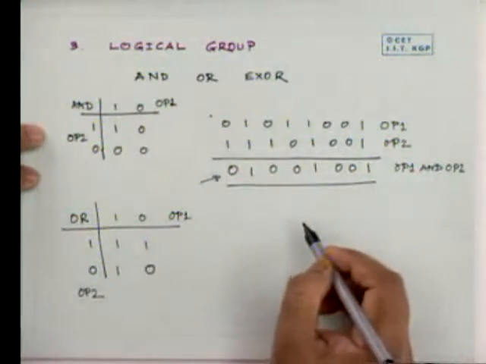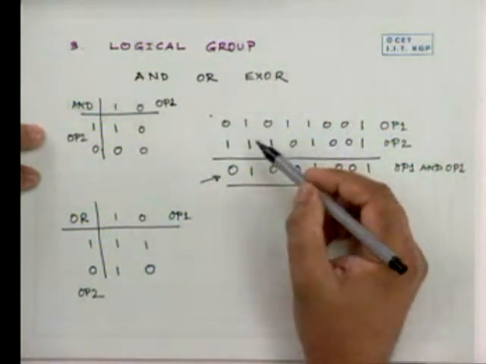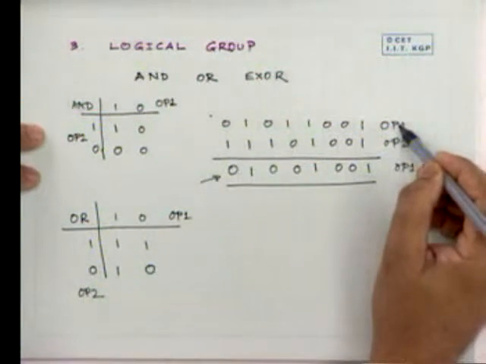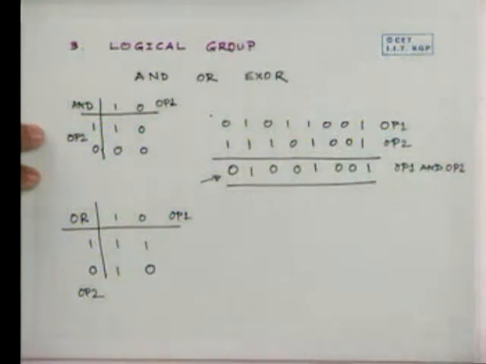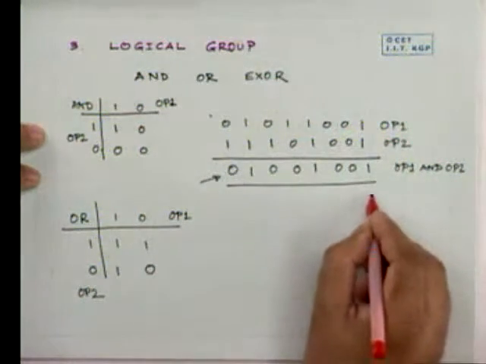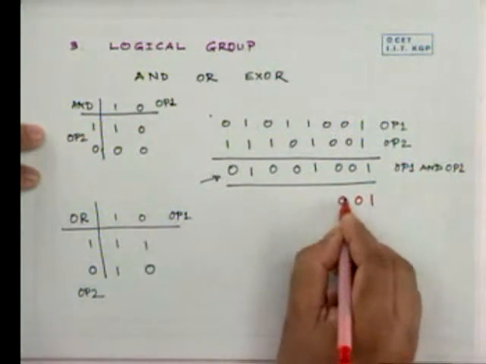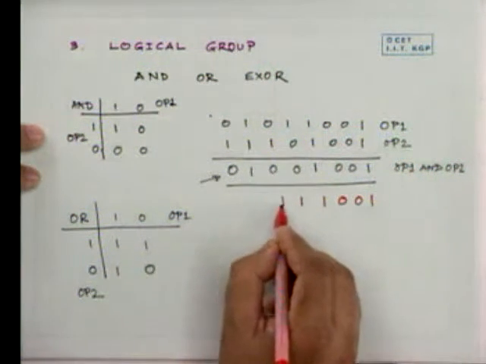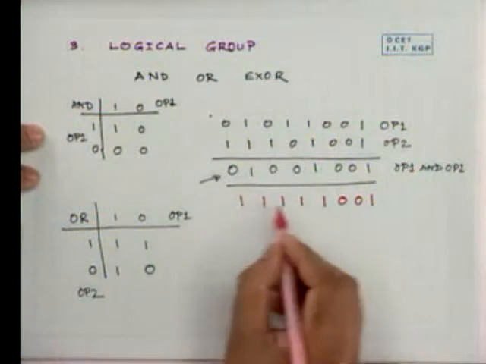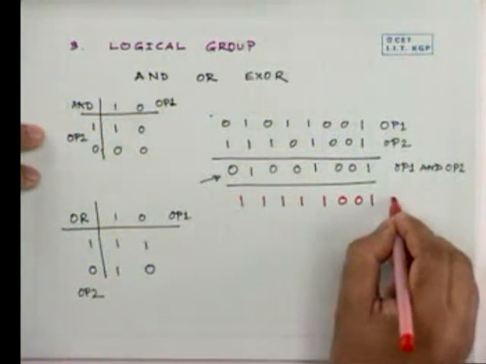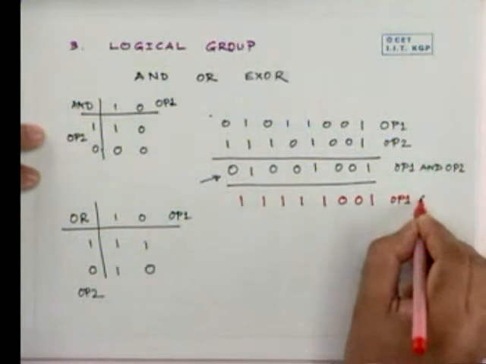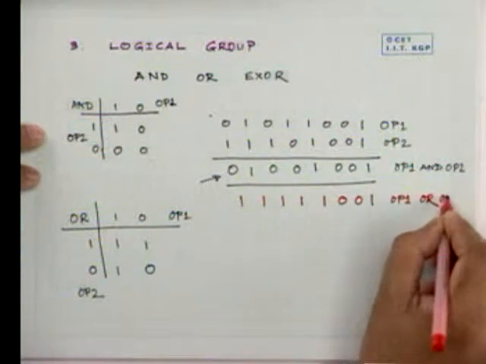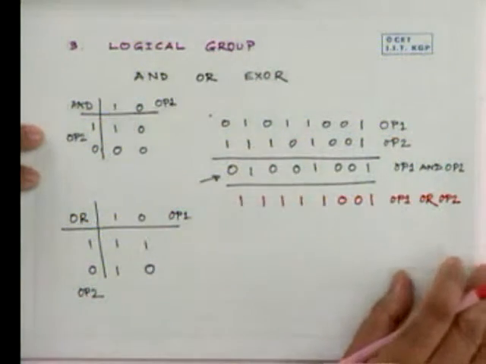And once more, it will be operated bit by bit. For example, this is operand 1 and this is operand 2, then the OR will be 1, 1, 1 and 1. This will be our operand 1 or operand 2.